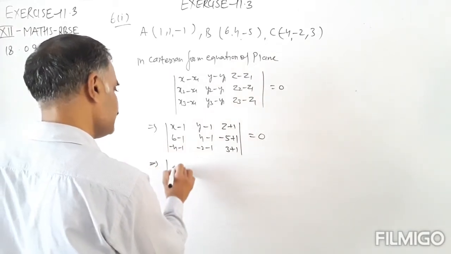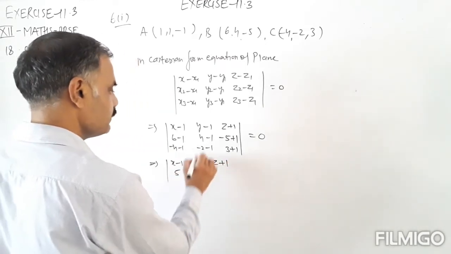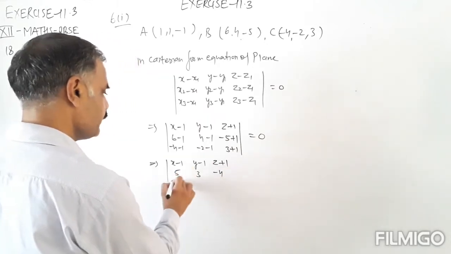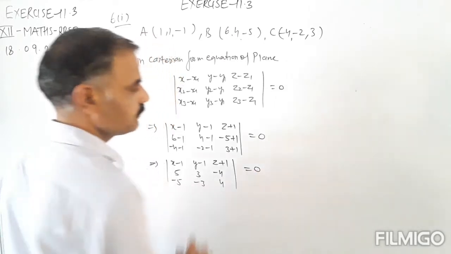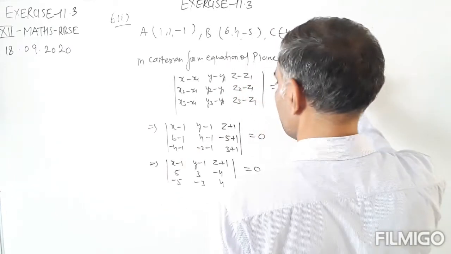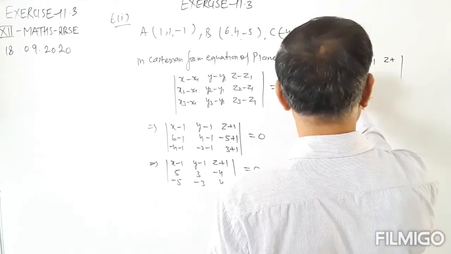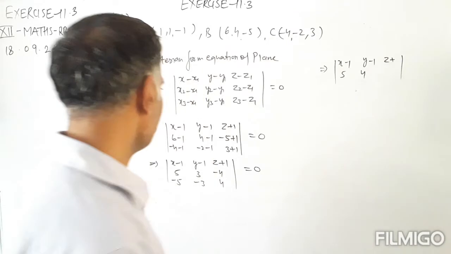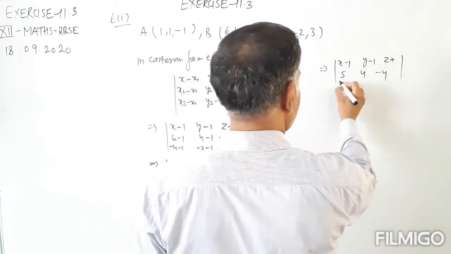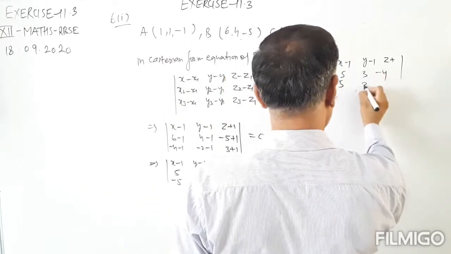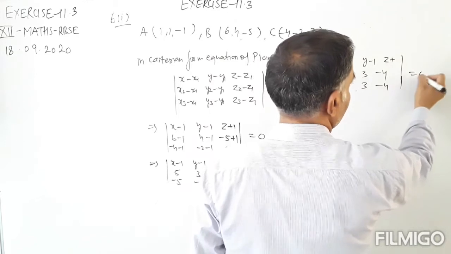Now this can be written as x minus 1, y minus 1, z plus 1; 5, 3, minus 4; minus 5, minus 3 and plus 4, equals 0. Taking the minus sign outside the determinant, it becomes x minus 1, y minus 1, z plus 1; 5, 3, minus 4; 5, 3, minus 4.